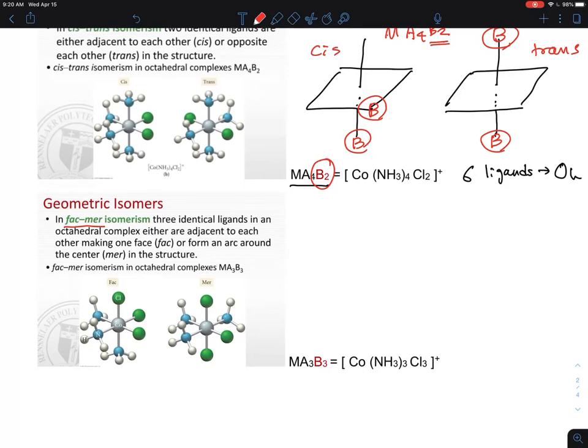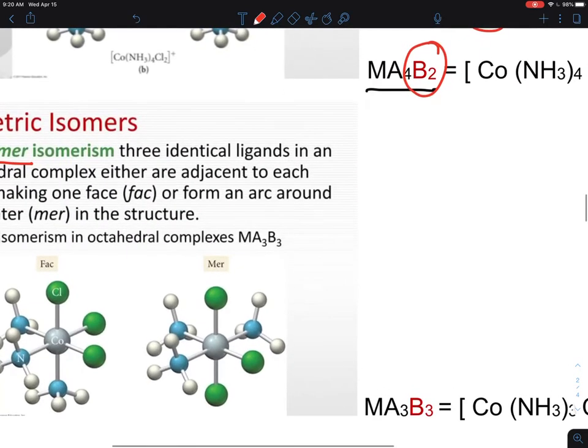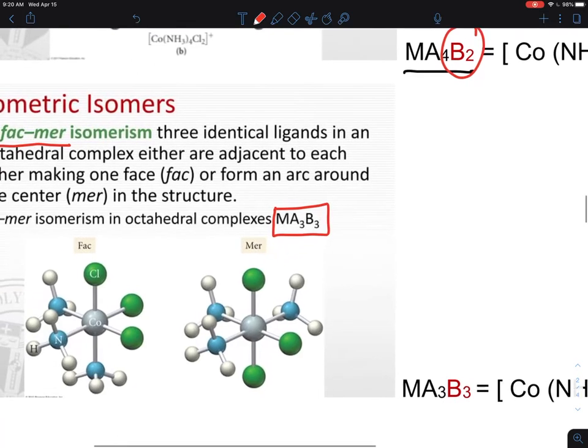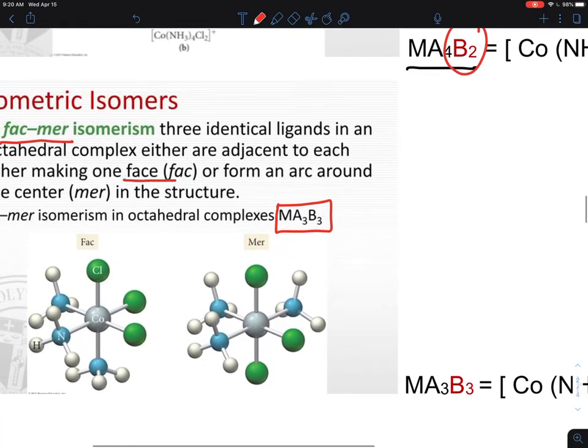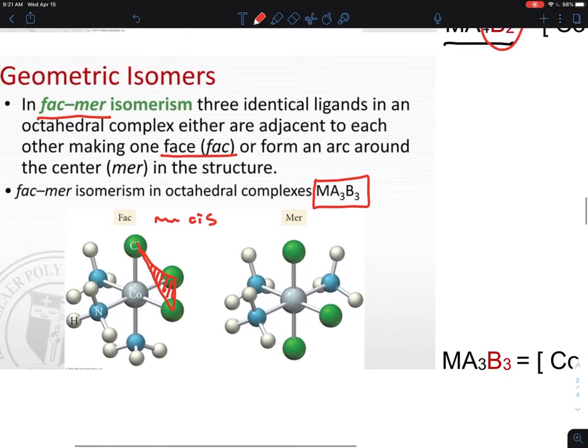This is the case when you are dealing with a metal with 3 ligands and 3 ligands combined, and FAC means face. They form this kind of face here. Essentially, this is a cousin of cis. They are on the same side. But if you're looking at the MER, they call it through the center.